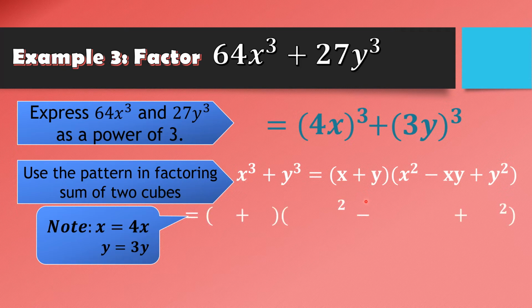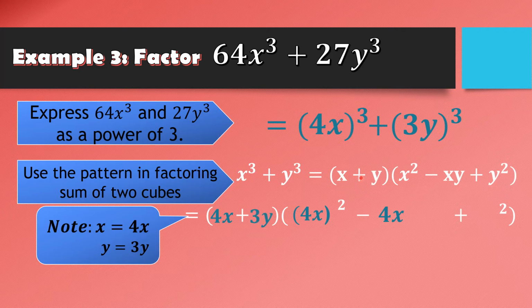So using our pattern in factoring sum of two cubes, we have 4x, 4x, 4x. So ito yan ha. Yung x na to, pinalitan natin ng 4x. Yung x dito sa x squared, 4x. Yung x sa xy, 4x. So, lahat ng x dito sa ating factored form, papalitan natin ng 4x.